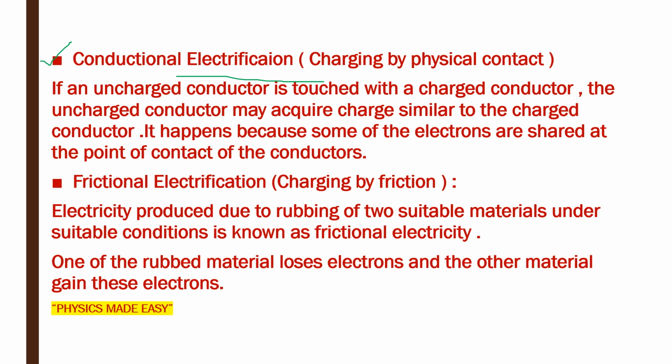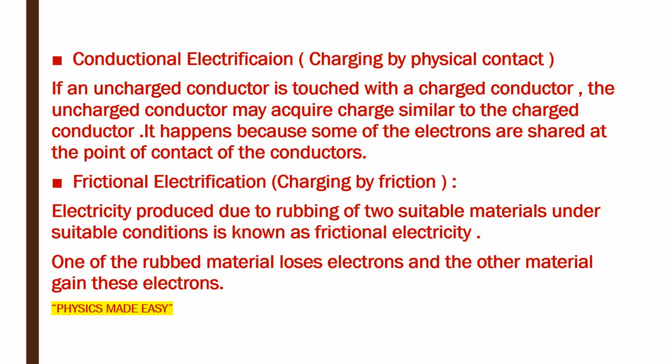If an uncharged conductor is touched with a charged conductor, the uncharged conductor may acquire charge similar to the charged conductor, which means that the disc and the leaf of the electroscope will also acquire negative charge. It happens because some of the electrons are shared at the point of contact of the conductors.